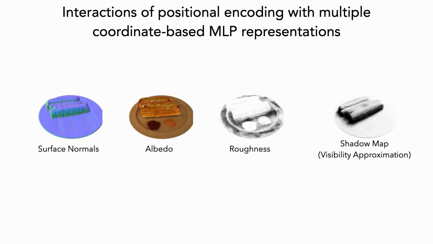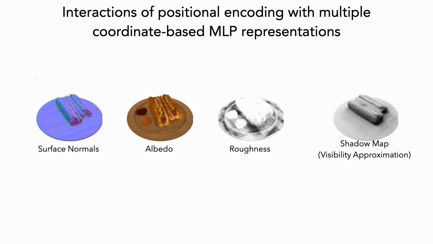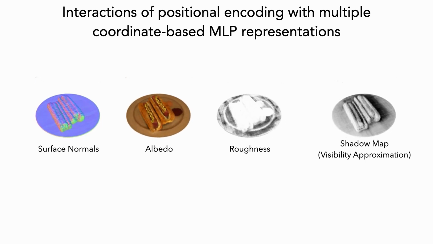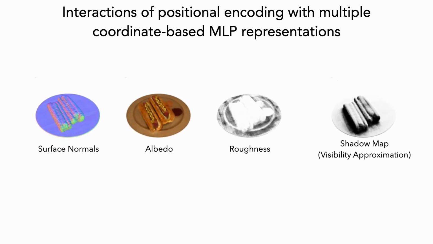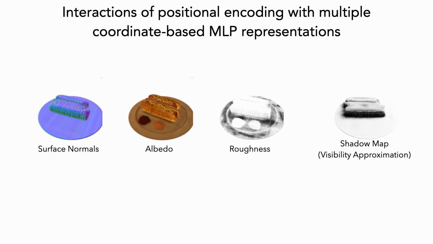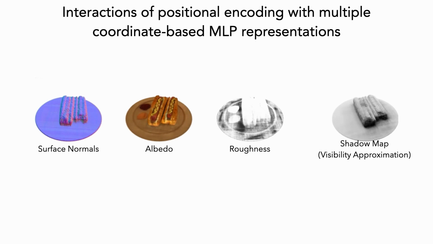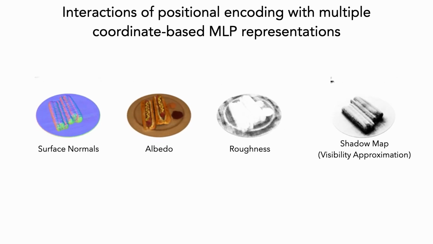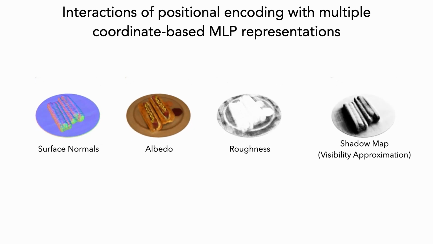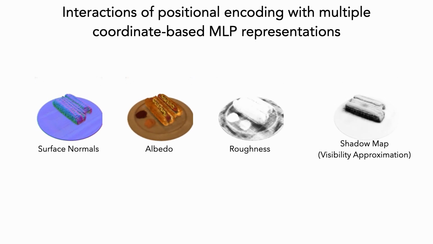So one of the more practical roadblocks that we face in this project is how we can manage the artifacts that are introduced by the positional encoding that we're using. Ben Mildenhall earlier today talked a little bit about positional encoding and coordinate-based MLPs. In NeRF, we're using multiple coordinate-based MLPs to represent these different functions that all interact with each other to produce a rendering.